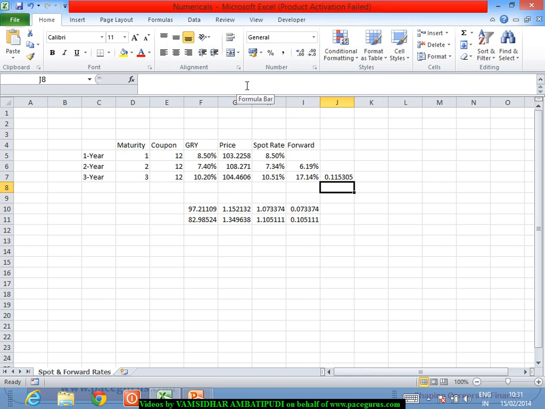So the 2-year forward rate 1 year from now, meaning the forward rate between 1 and 3 years, is going to be 11.53%.